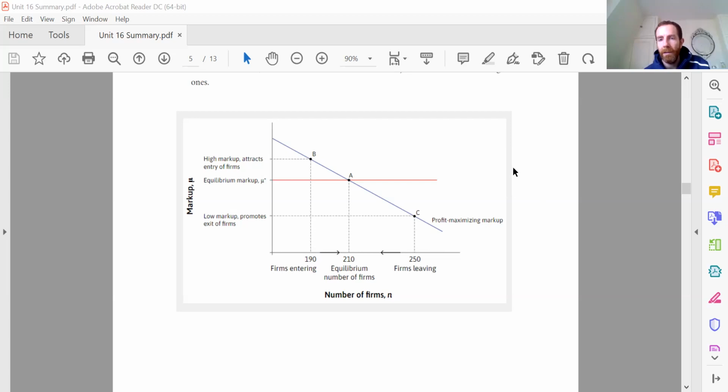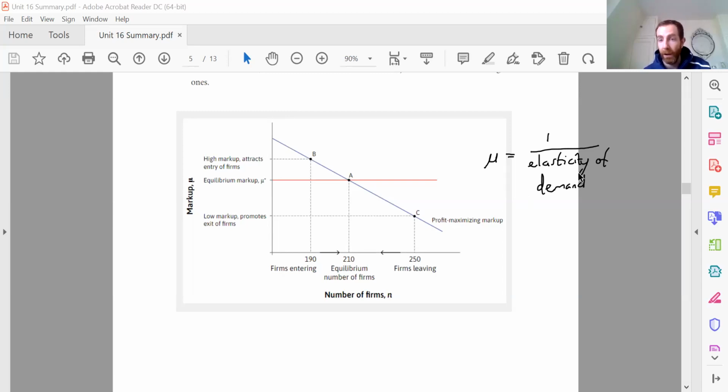Now, why does that make sense? Well, we've seen previously that markup is equal to 1 over, and for short, I'll just write elasticity. Or actually, I'll write it out fully, elasticity of demand. So we imagine when there's an increase in the level of competition in a market, that means the elasticity of demand for an individual firm has gone up.